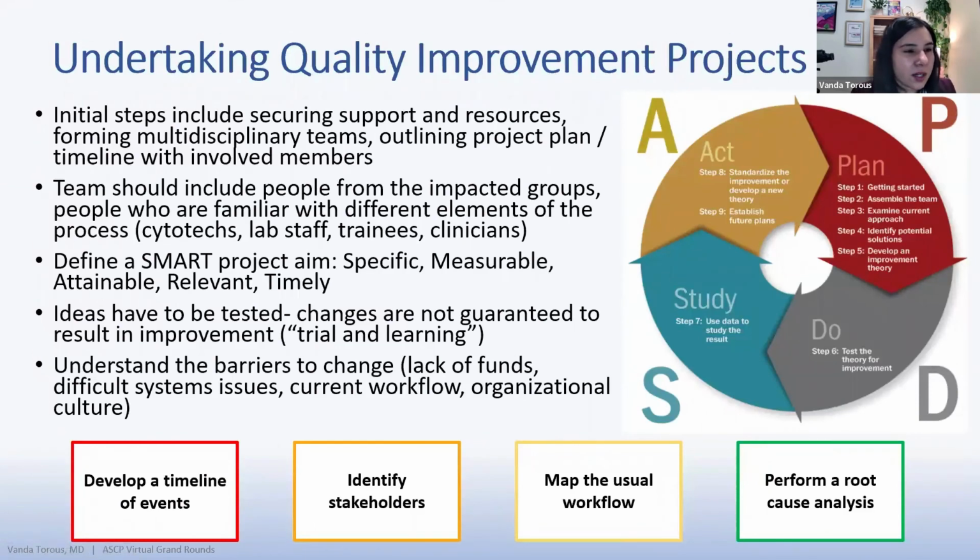And in terms of undertaking quality improvement projects, there are a number of different things that we want to consider in order to have really effective projects in place. So, the initial steps include securing support and resources, as well as forming multidisciplinary teams.